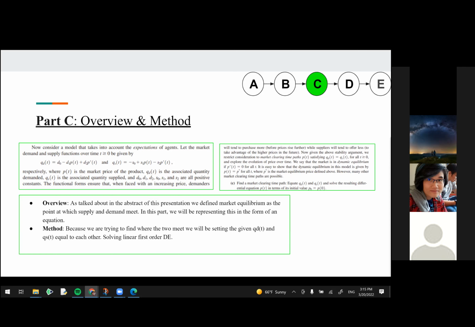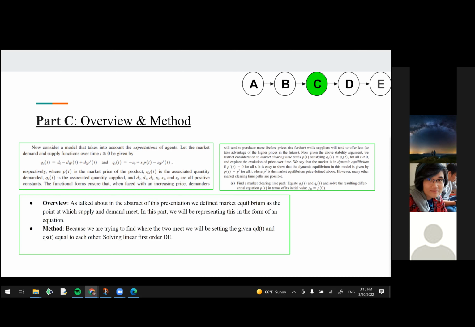We get d0 minus d1 times P(t) plus d2 P prime(t) is equal to negative s0 plus s1 P(t) minus s2 P prime(t).